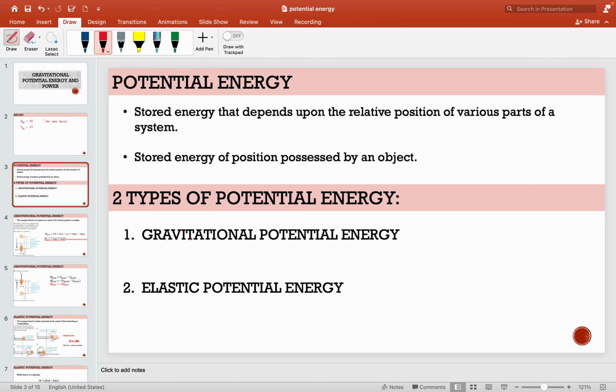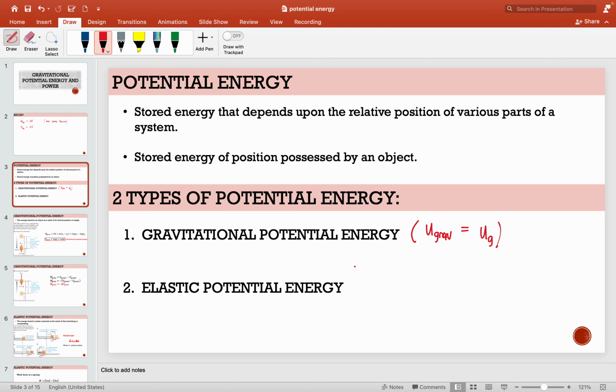The first one is the gravitational potential energy. The symbol for this one is U grav, or we can also have it as U sub G. So it's either U grav, U sub grav, or U sub G.